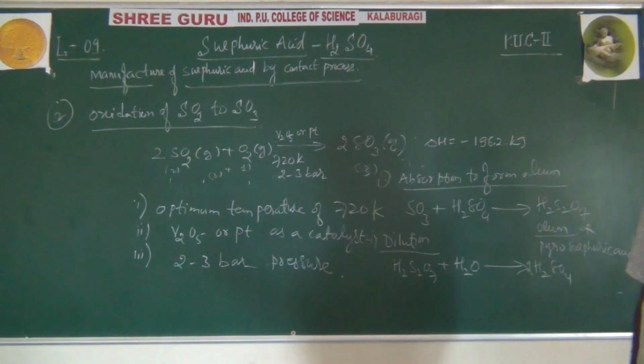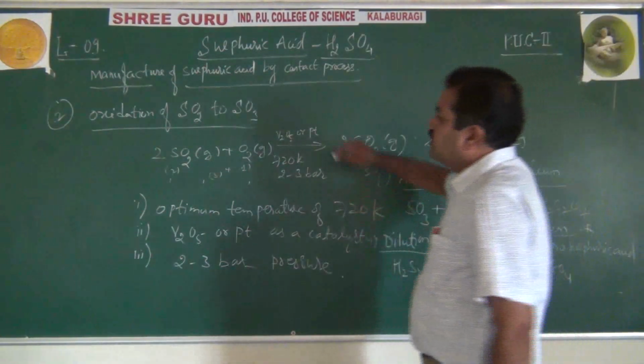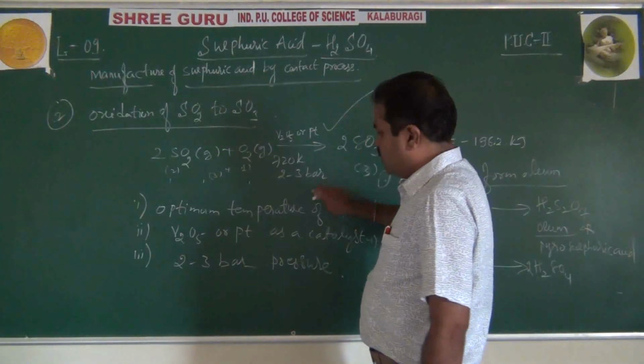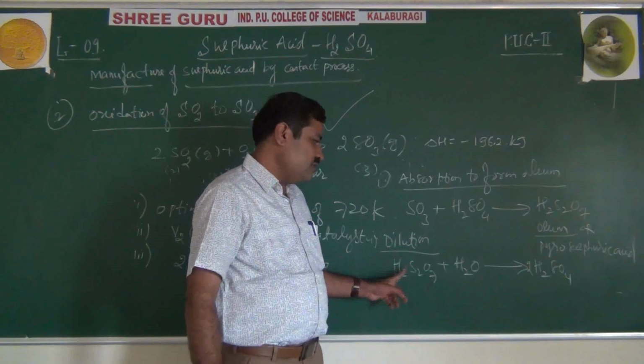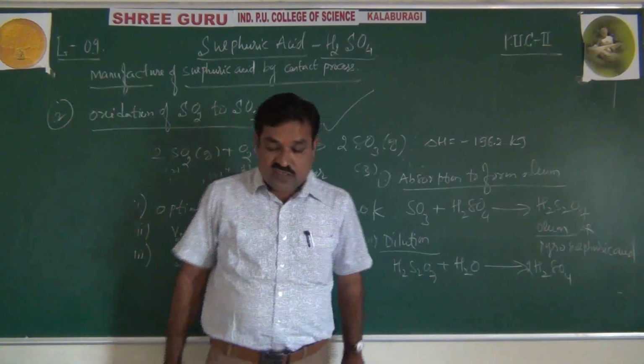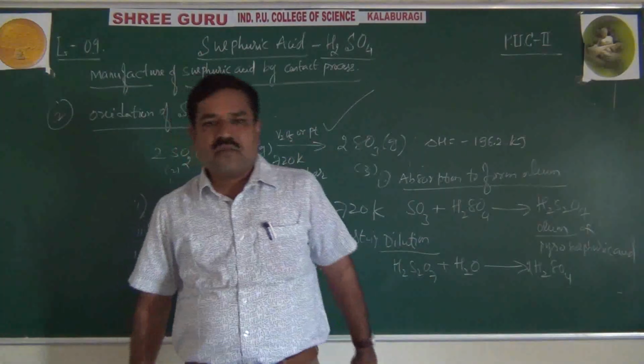What are the steps? First, production of SO2. Then you have to write this in the examination, very importantly: these are 1, 2, 3. Then third step, absorption to form oleum, then dilution. If it is asked for 3 marks, with no flow sheet diagram, you are lucky.